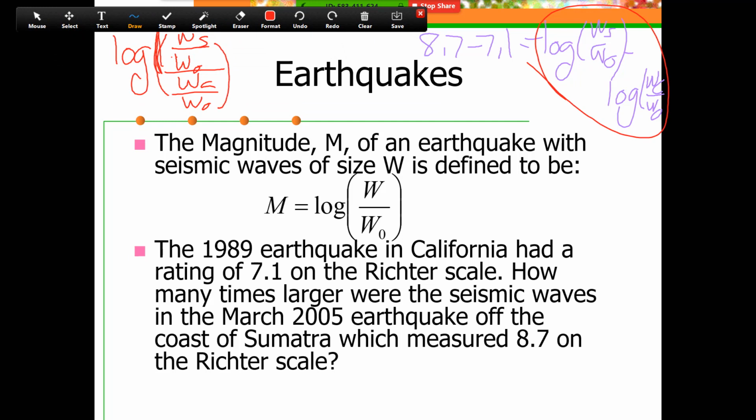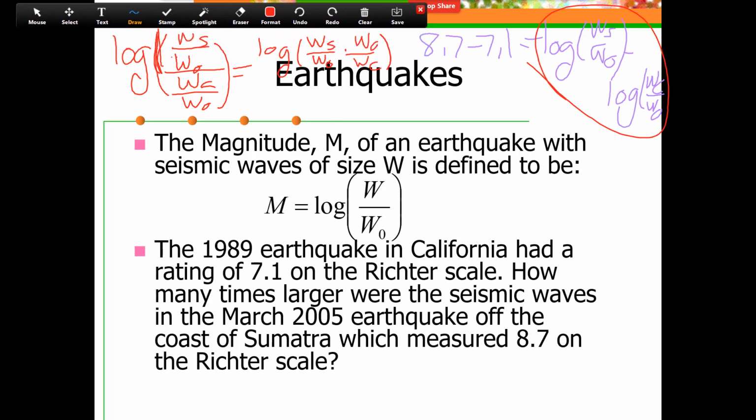When we do that, the bottom one's going to flip and multiply. So this is going to turn into the log of WS divided by W0 times W0 over WC.